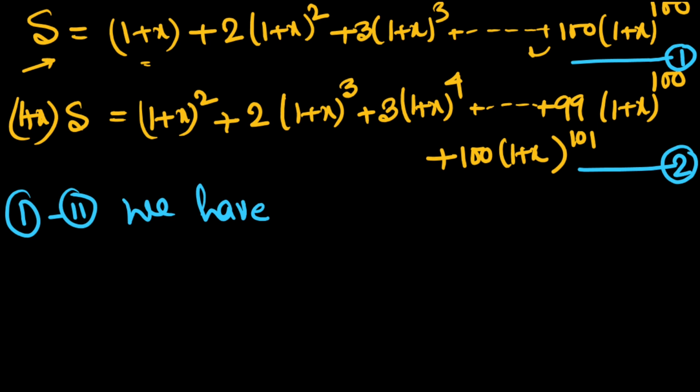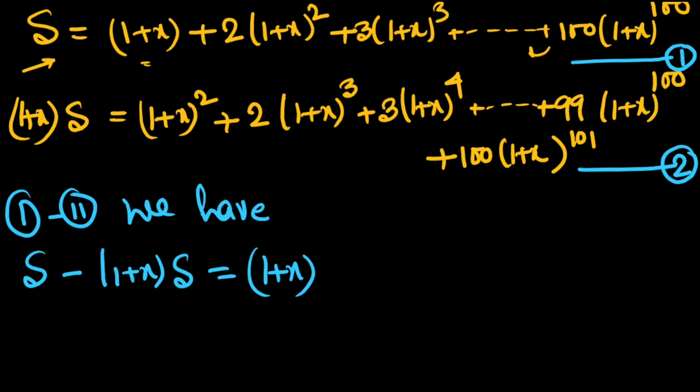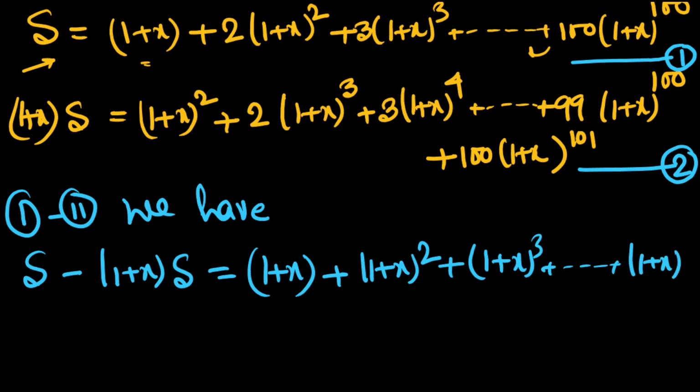Now we subtract these two expressions, 1 minus 2. Then we get S minus (1 + x)S. The first term is the same, (1 + x). Subtracting, 2 minus 1 is 1, so this is (1 + x)^2. 3 minus 2 is 1, then the third term is (1 + x)^3, up to (1 + x)^100, and the last term is minus 100(1 + x)^101.